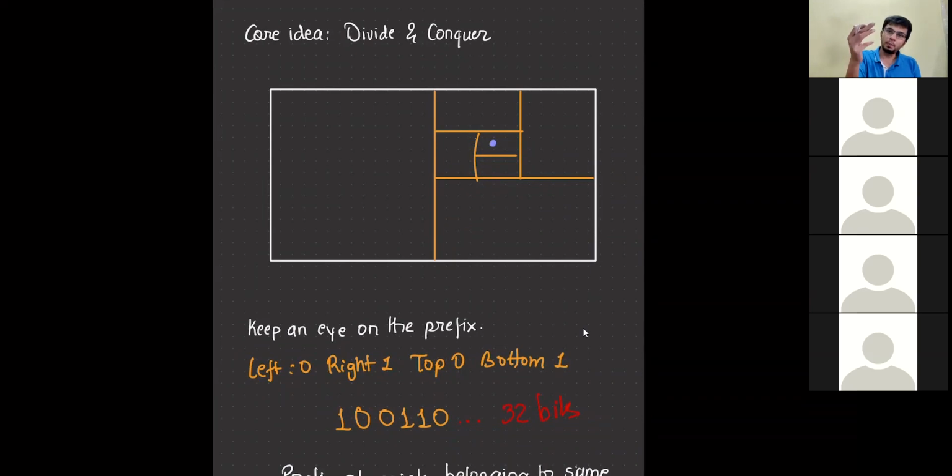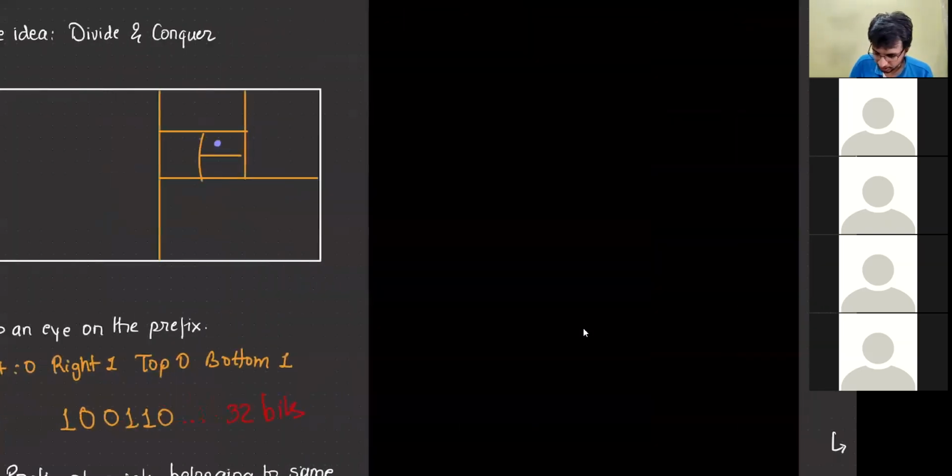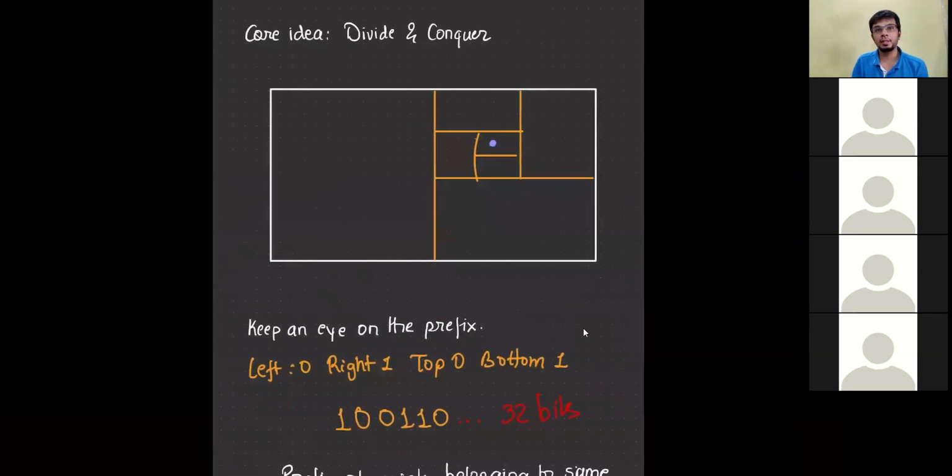If it is on top, it is 0. If it is on the bottom, it is 1. So given this as my entire world, I first make a vertical split, and anything that lies on the left-hand side is 0. Let's say I'm finding the location of this purple point.